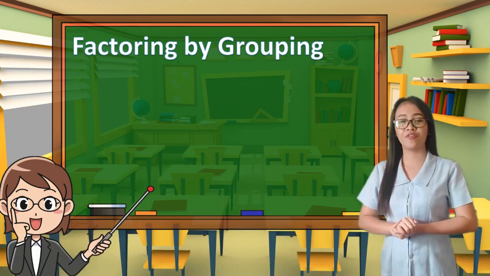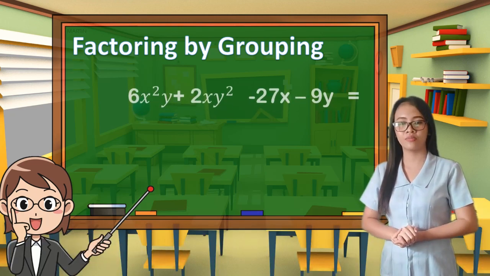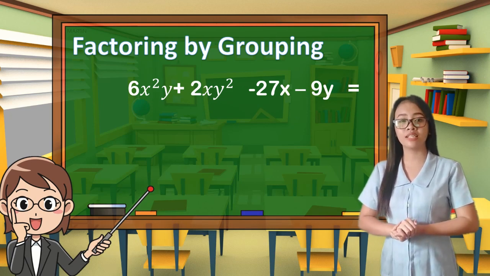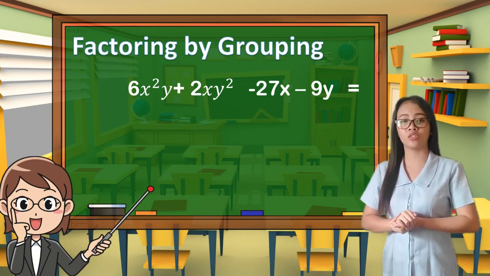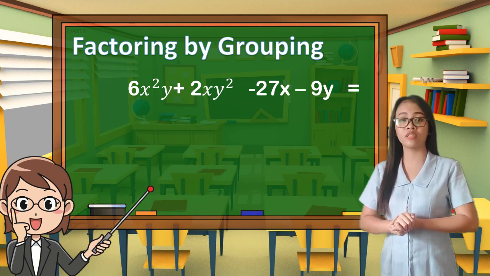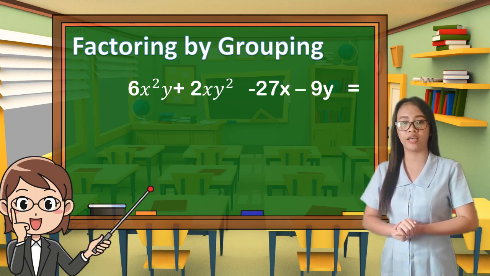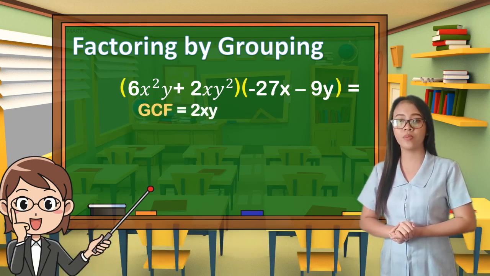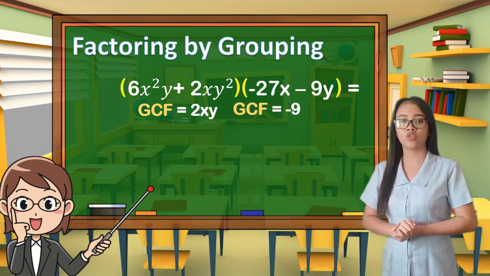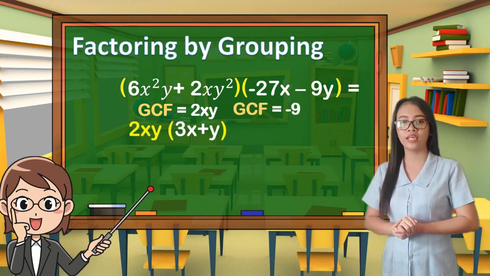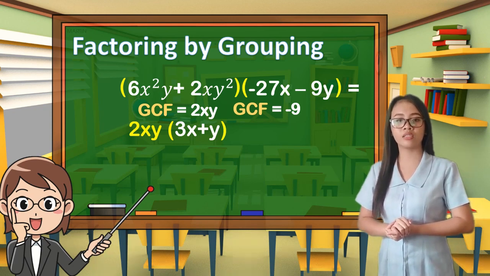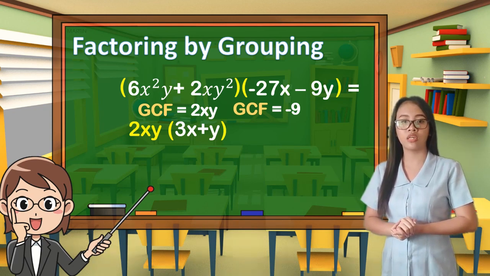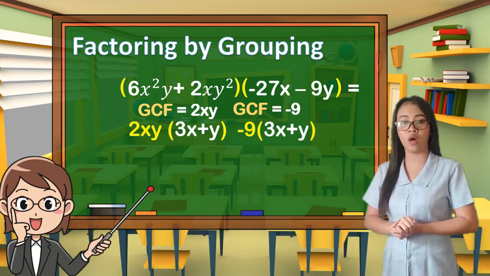So let's check if your answer is correct. We have 6x squared y plus 2xy squared minus 27x minus 9y. Our GCF in our first group is 2xy, and in the second group it is negative 9. So our factored form would be 2xy times 3x plus y minus 9 times 3x plus y.